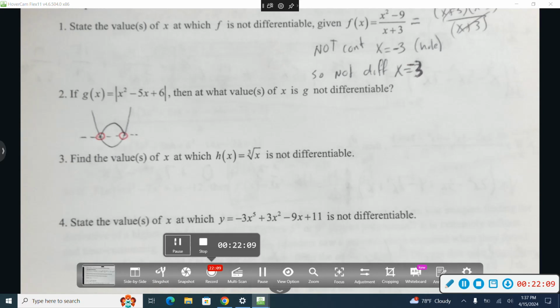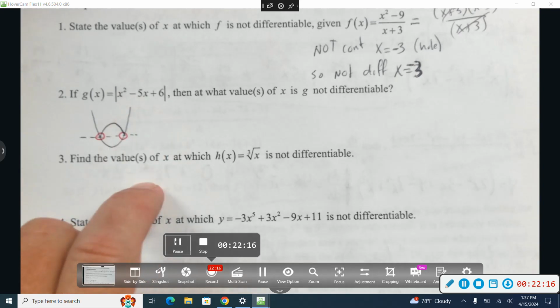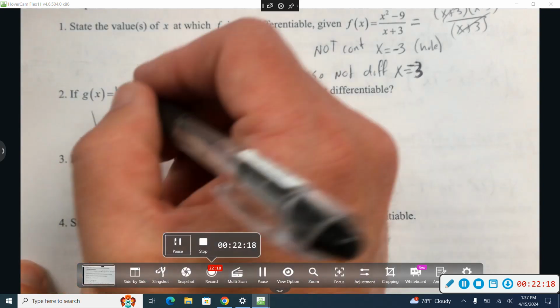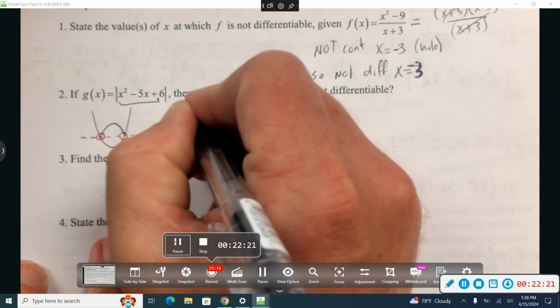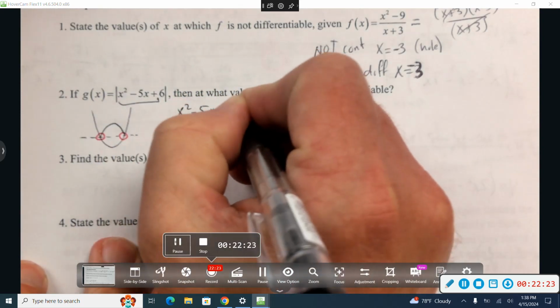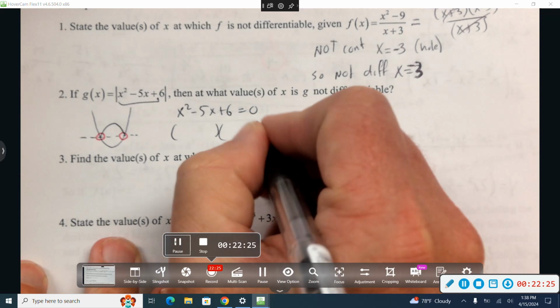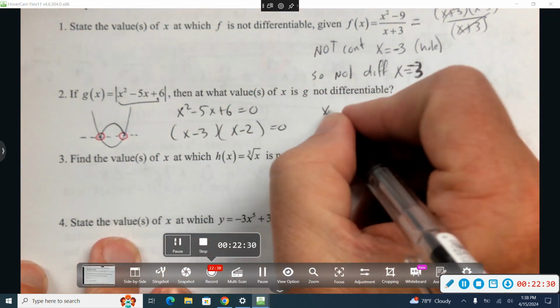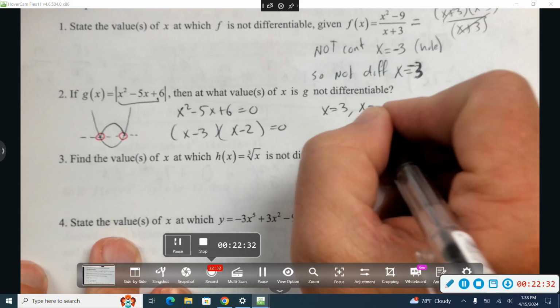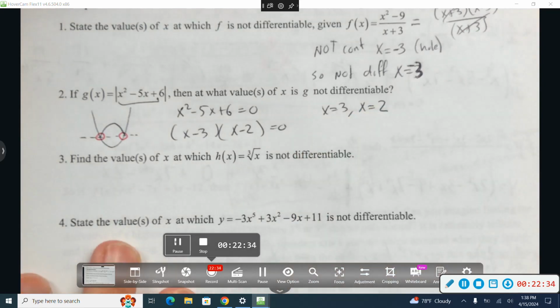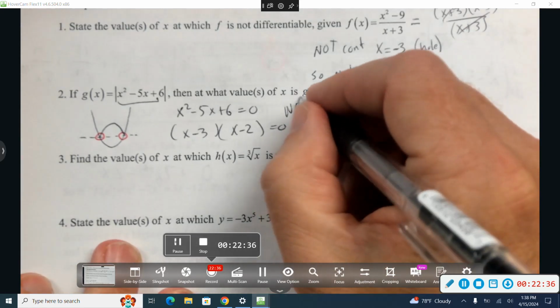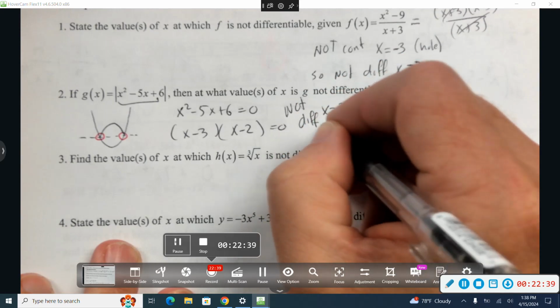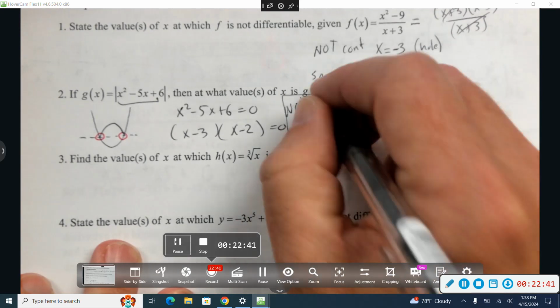So how do I know where those turns are? Where the inside stuff equals 0, because that'll be where it bounces off of 0. x squared minus 5x plus 6 equals 0. So at 3 and at 2, it is not differentiable. Make sure we answer the right question here. Not differentiable at x equals 3 and 2.